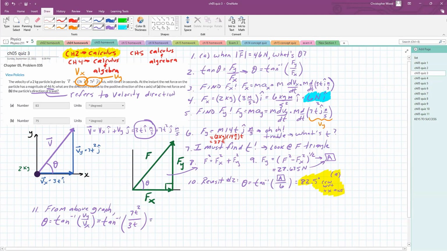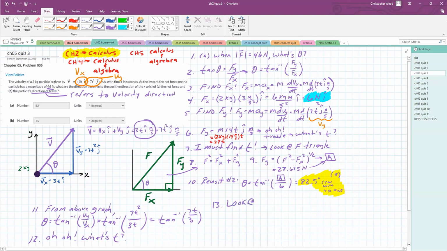So then you can see I need to take the arctan of 7t over 3. And then at this point, you could say, what's t? So this is where we're going to have to revisit those steps, but now it makes sense to do these steps now.